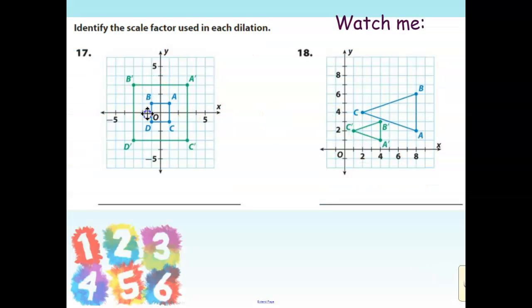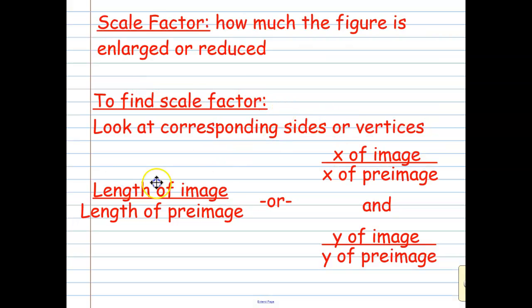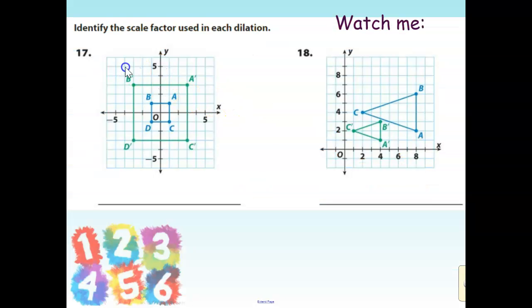Okay. So this one, hey, it's really easy to count the sides. So I'm going to do that first method. And again, if I look back, I'm going to look at the image over the pre-image. Okay? So remember, with the prime notation, that's my image. No prime notation, that's my starting point. That's my pre-image. So let's look at one side right here. Okay, so if the length of this guy right here is 2, and it's 2 all the way around, right?